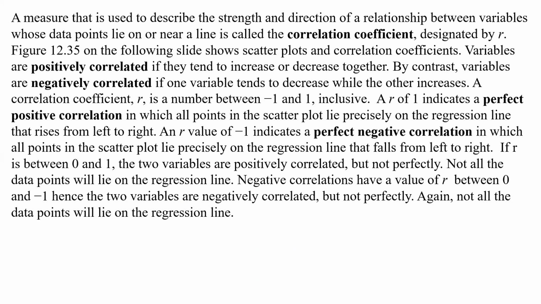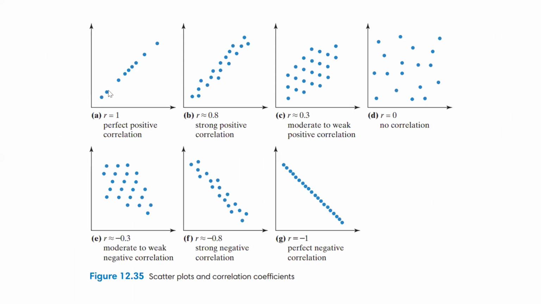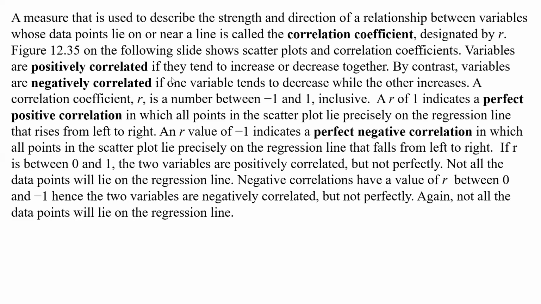Variables that are positively correlated tend to increase or decrease together. That would be like this one. This is positive correlation: they're either both going up, or if we start here, they both go down. Now, by contrast, variables that are negatively correlated, if one variable tends to decrease, the other one is increasing.